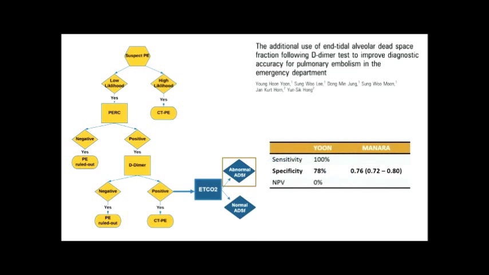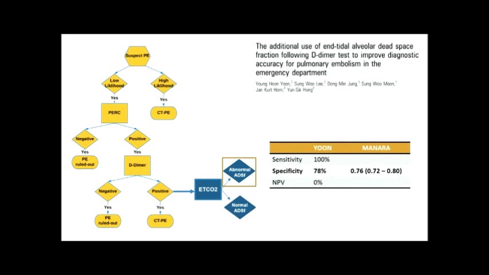And what they found was that if a patient was D-dimer positive and had an abnormal dead space, they had a sensitivity that matched the D-dimer alone, but increased the specificity to 78%. So now the test is more specific. We're able to start ruling in the diagnosis. So we're moving this more from a screening test to potentially a diagnostic test.